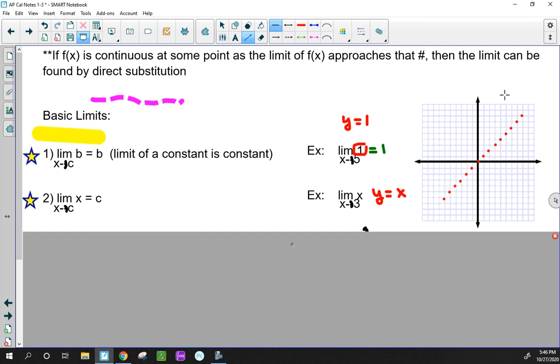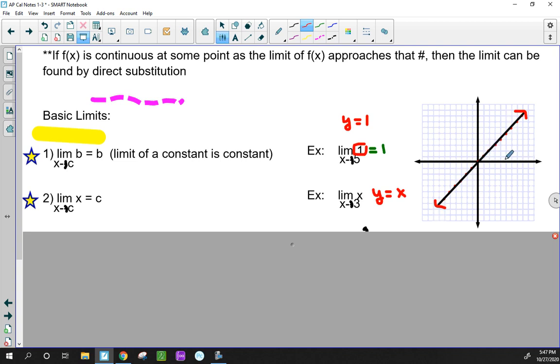So we're looking at this. Based on that picture, find the limit of this graph as x approaches 3. We're going to get closer and closer to 3 on both sides. When I come in from the left, the y's are definitely increasing.